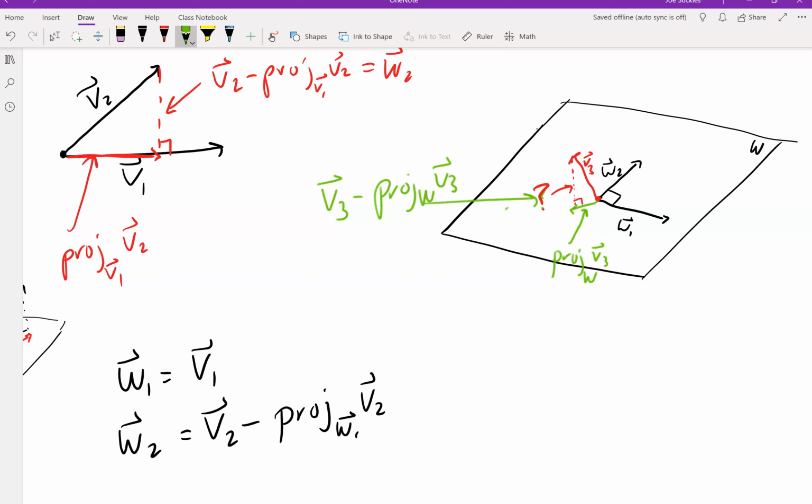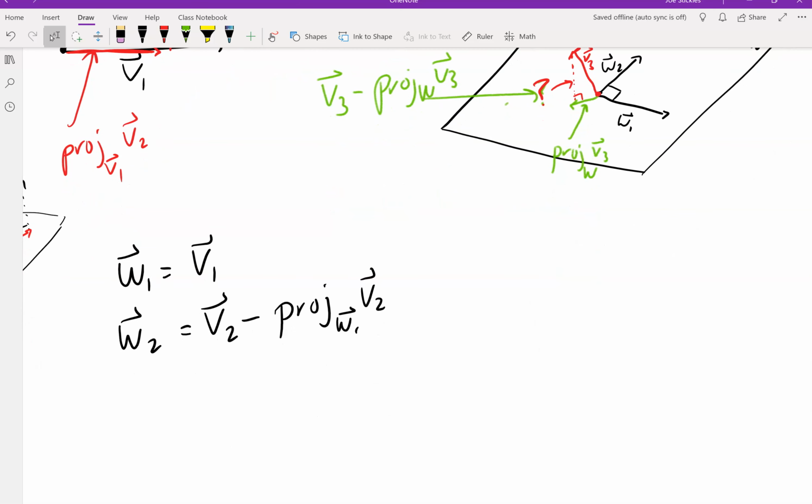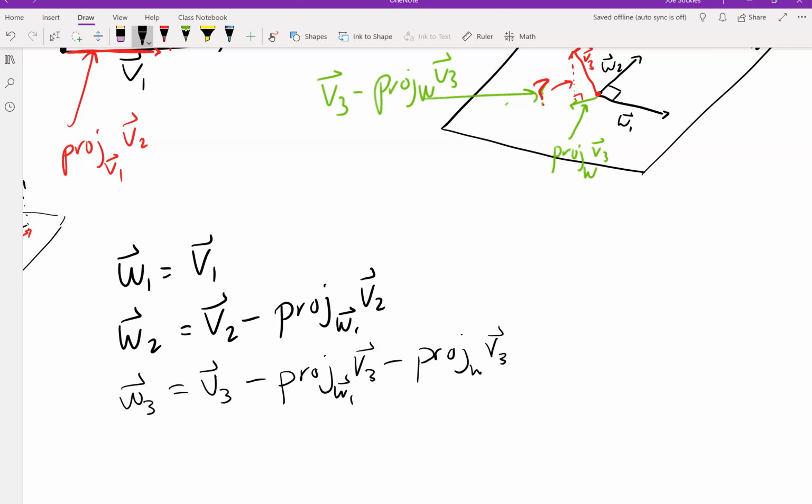And then I'm not going to go through the derivation again here, but the way that you get this projection is essentially the same way we got the projection of V2 onto W1. So when you do your projection vector, W3, it's going to end up being V3 minus the projection of V3 onto each of the two previously found basis vectors that are orthogonal to each other.